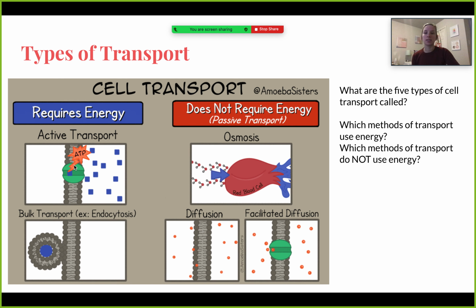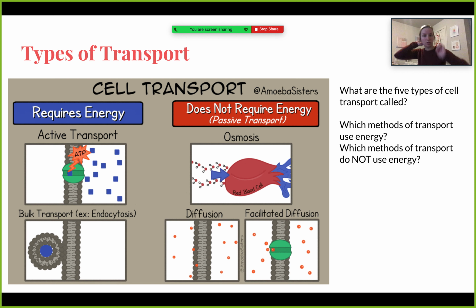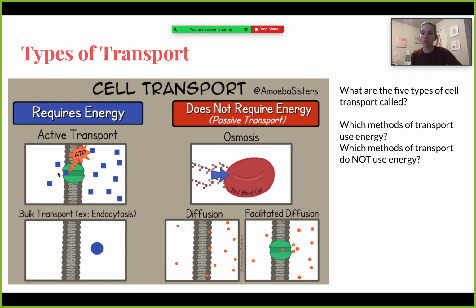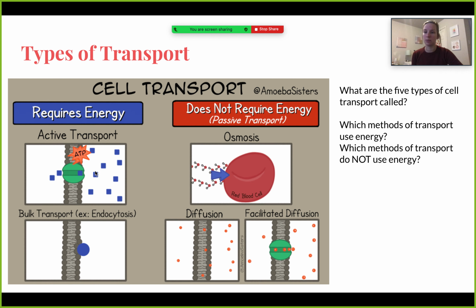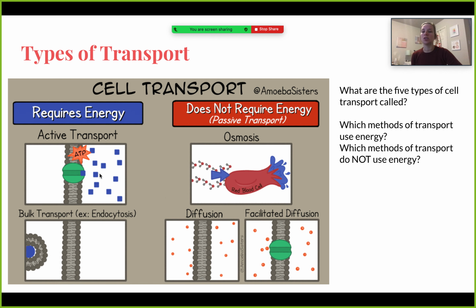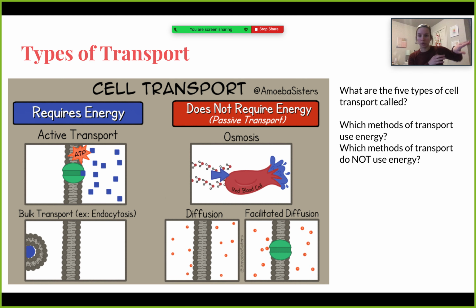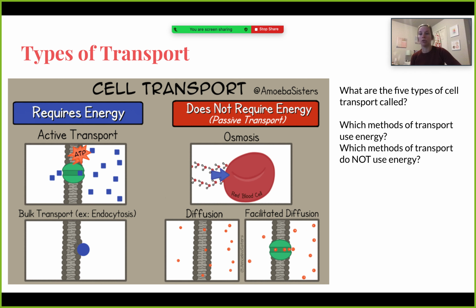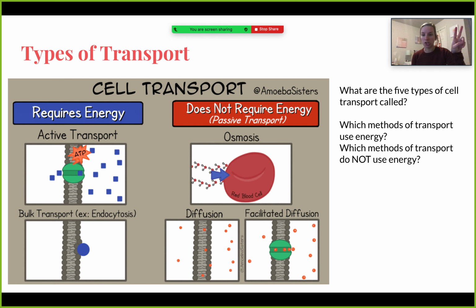That's how cells spend energy or use energy. And it also requires a protein channel, so you can see that whatever this blue molecule is that's coming into the cell, it is not just passing through that phospholipid bilayer. It has a specific channel that it's passing through. So active transport requires energy and a channel.